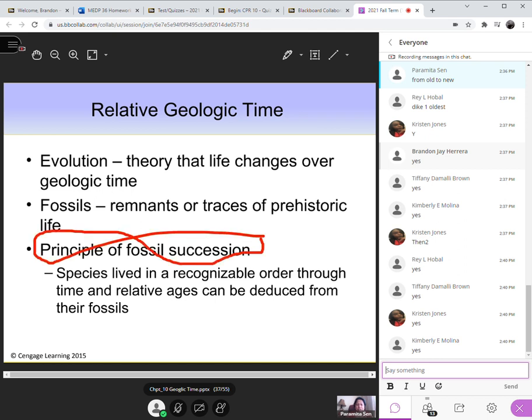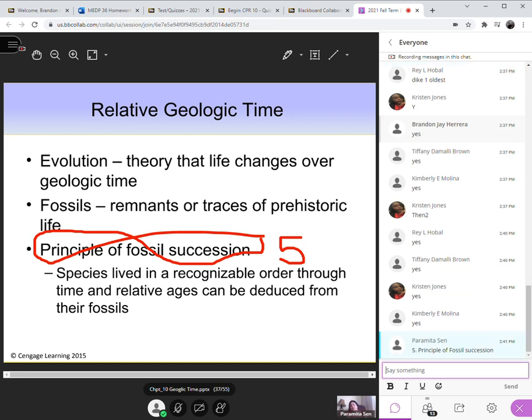Absolutely important. So please make a note of it and please write it down. Principle of fossil succession, number 5. Okay, write it down.